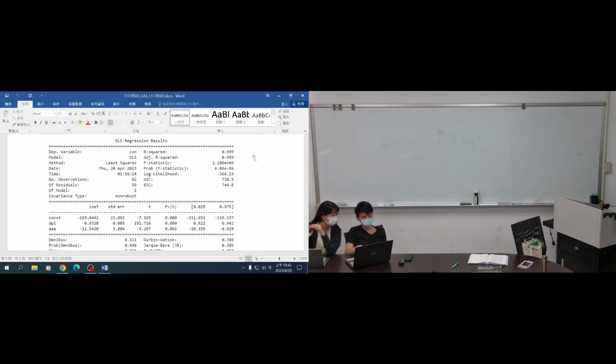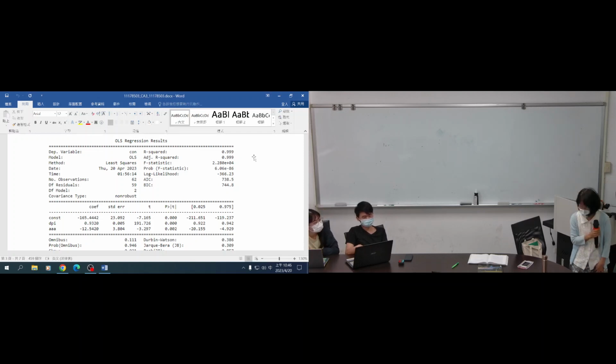Okay, this is the OLS result, and this is the confidence interval. Is this OLS the same as yours, Rachel? Would you please check it? Is this the same? Yeah. Okay, all right.